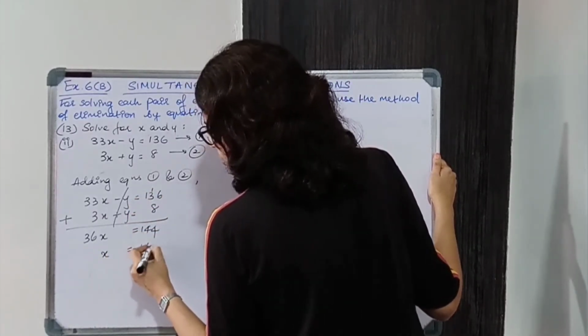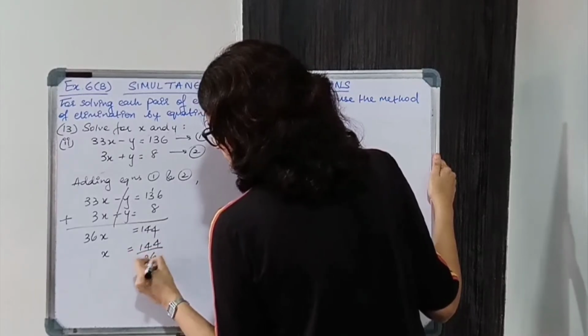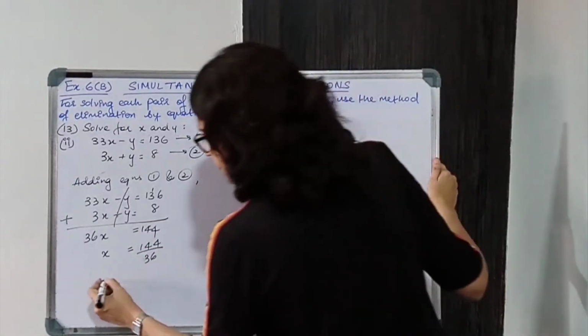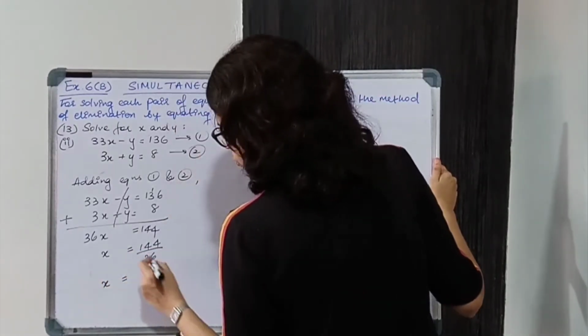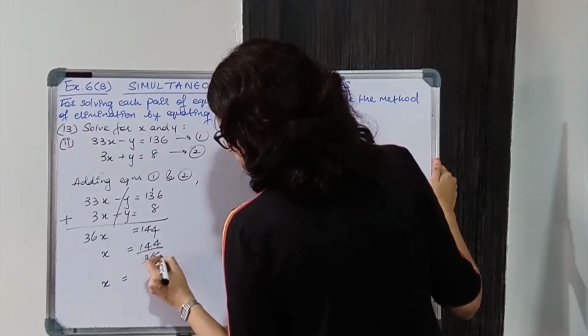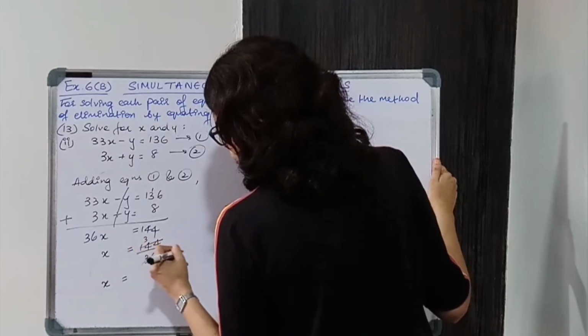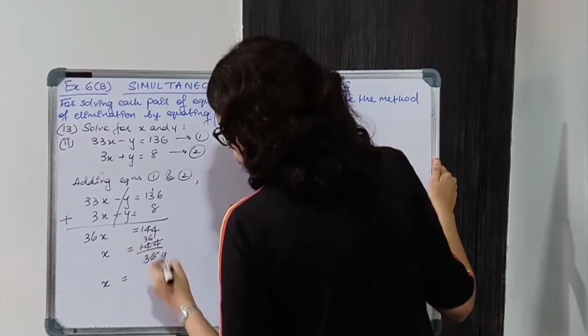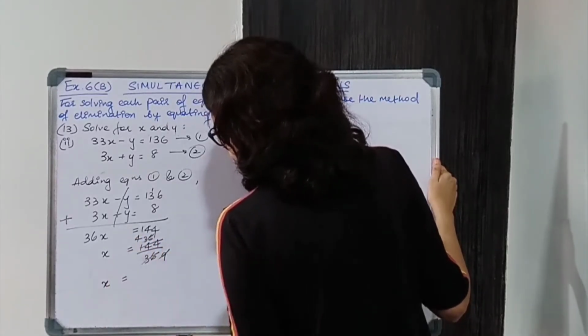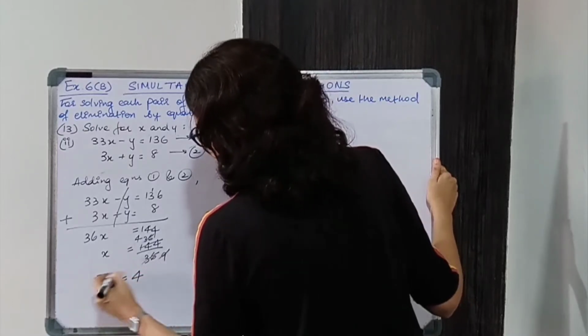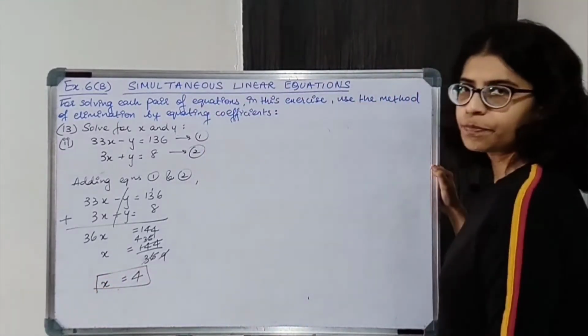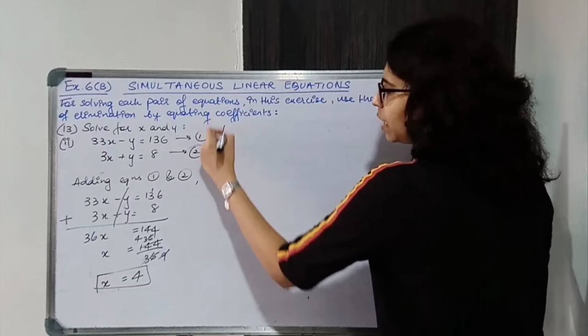So x is equal to 144 upon 36. Okay. So 4 9s are 4, 3s are 12, 4 6s are 24, so x का वैल्यू मिल रहा है 4. ओके, फोर्थ स्टेप, we'll find the value of y.